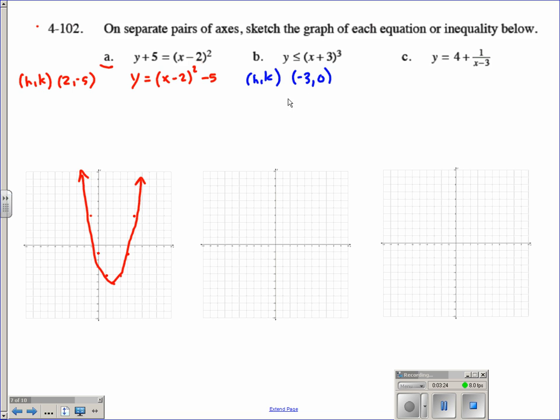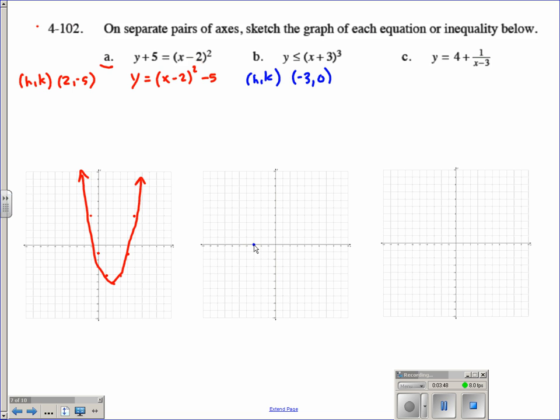Ooh, that looks tough. Because it's an inequality, I'm still going to graph my function first, and then we'll look at the shading part. So let's move our locator point from (0, 0) over to (−3, 0).